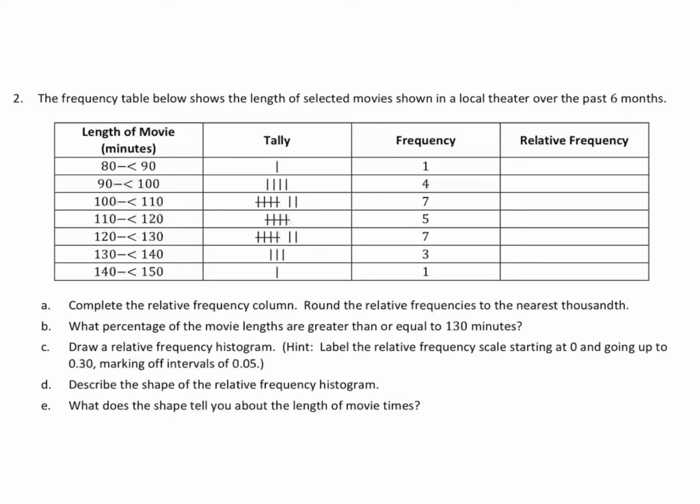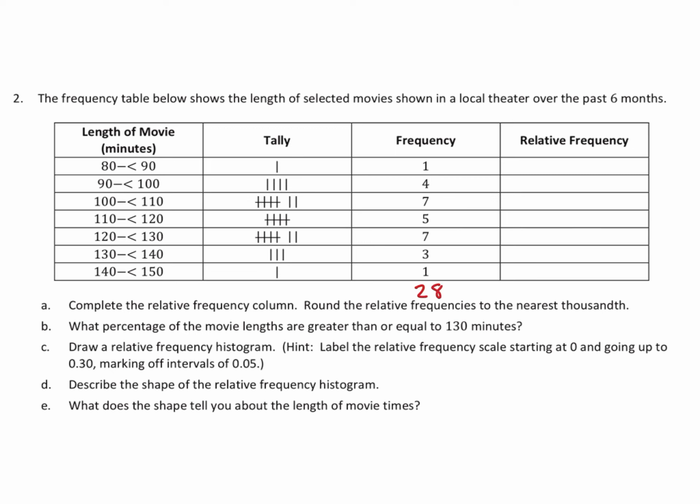So we have 5, 10, 15, 16, 17, 18, 19, 20, 21, 22, 23, 24, 25, 26, 27, 28 as our total. You could also add up this column, that should give you 28.